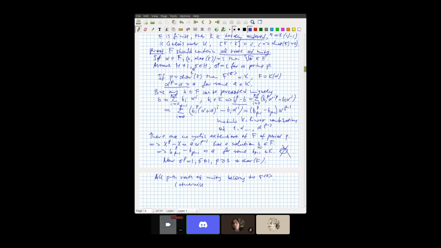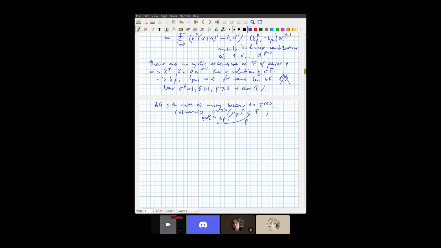So we know that all p-th roots of unity are in F. So F(mu_p) is in F, but the degree of this extension is less than or equal to p minus 1, but here the degree is p, so it's not possible, because all degrees should be divisors of p, and this is a contradiction. So we assume that all p-th roots are there.